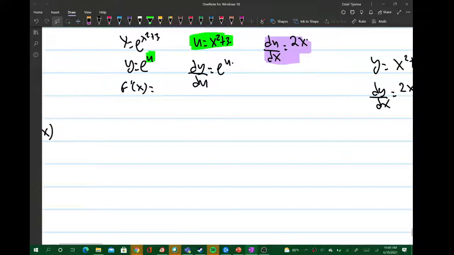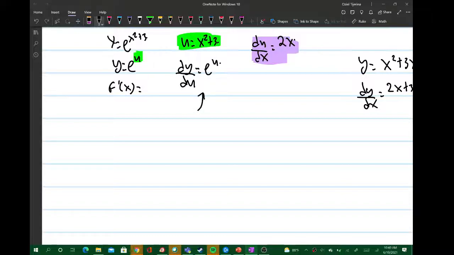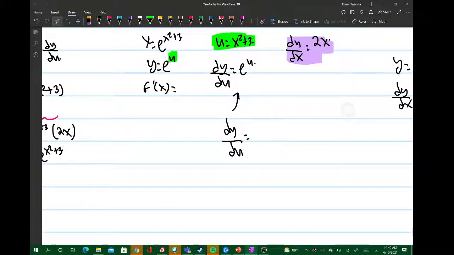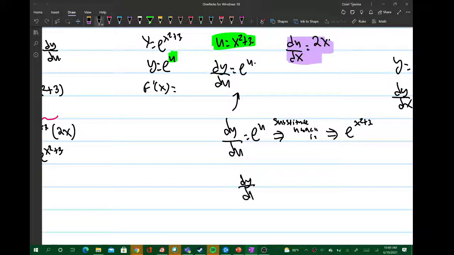Now when we substitute u back in, that'll give us e to the x squared plus 3. So dy du will be e to the x squared plus 3.